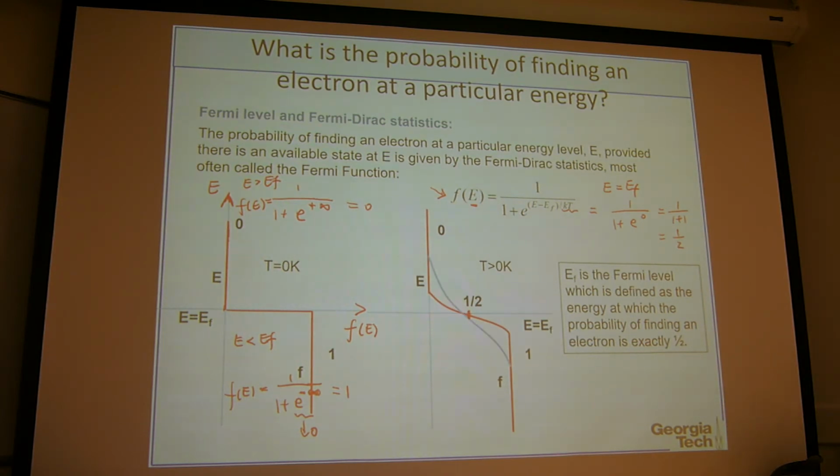Temperature goes higher, then this transition will become wider. Because at temperature equals 0, this is really sharp, right? And then as you increase temperature, this will spread out. This will become broadened. So this is how you visualize the Fermi function.